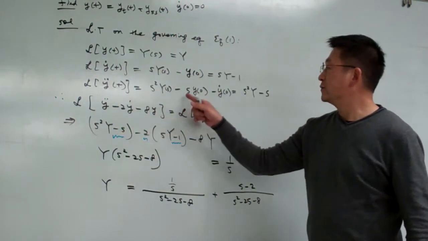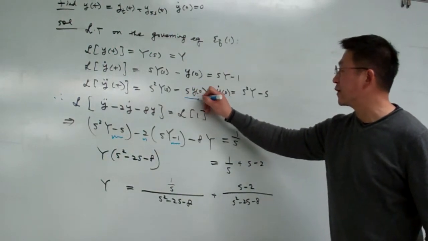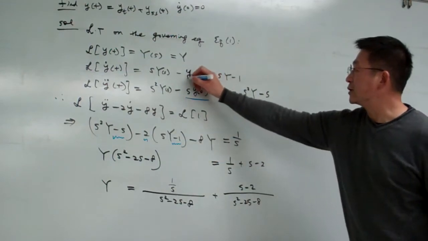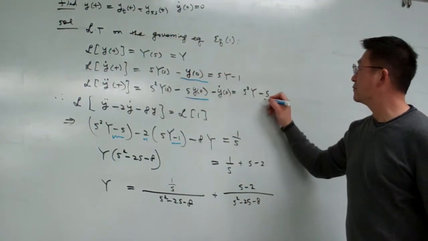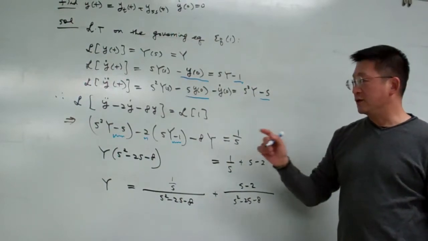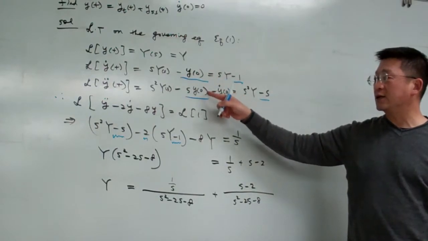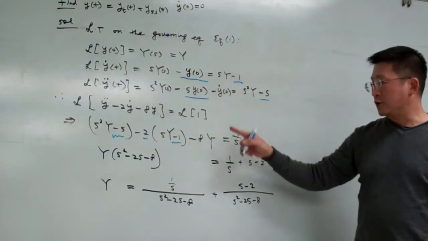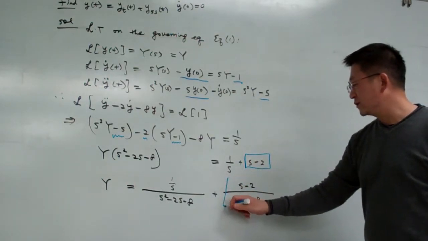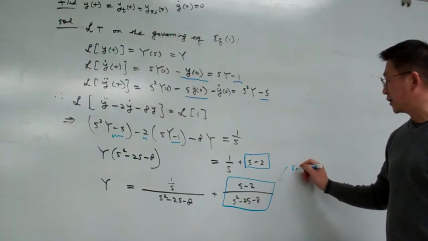This term, minus s, is from here. This term is from here. Can you see it? So what I highlighted is coming from the initial conditions. Once I move to here, combining these terms is the influence from the initial conditions.